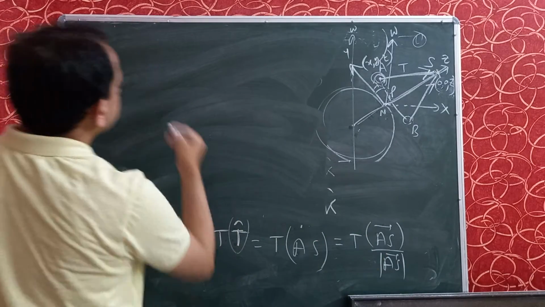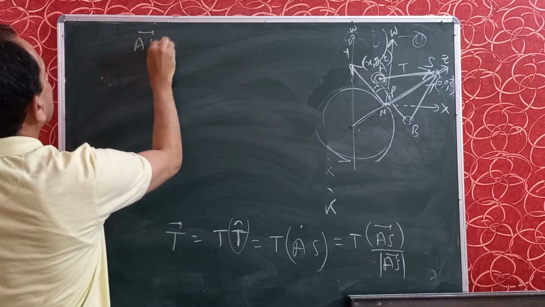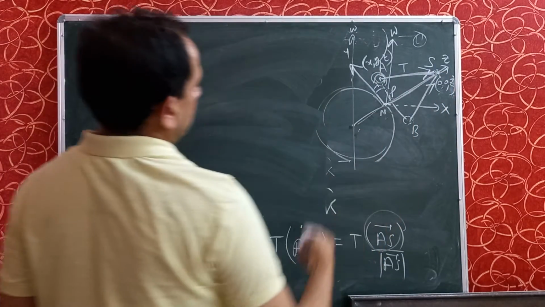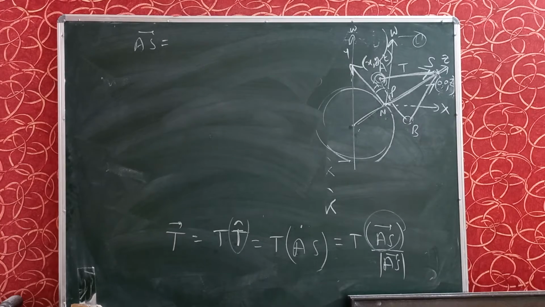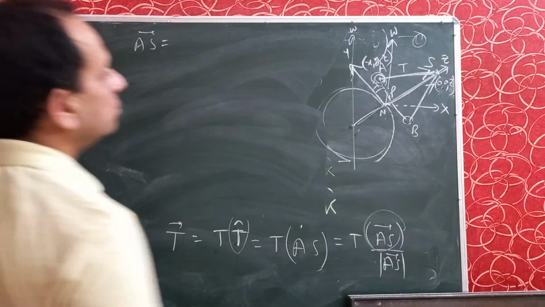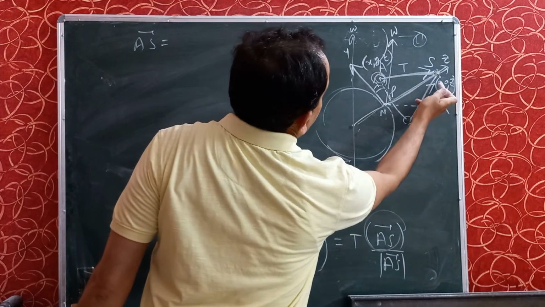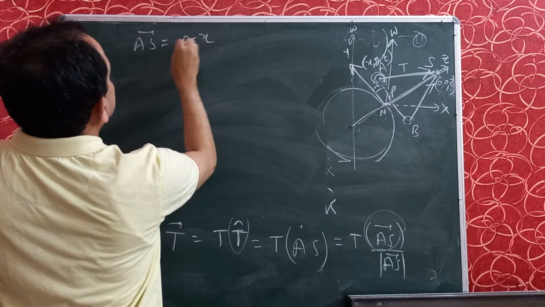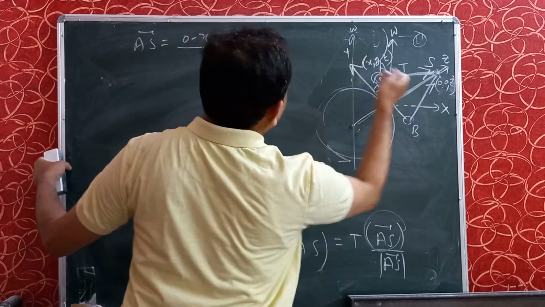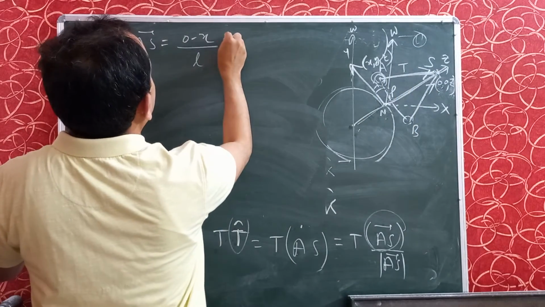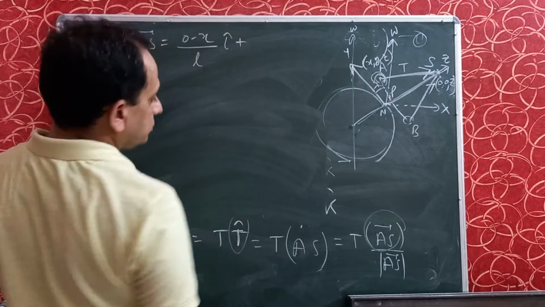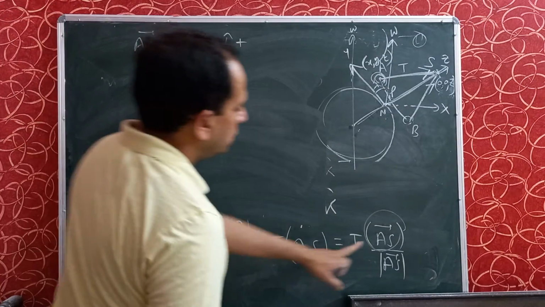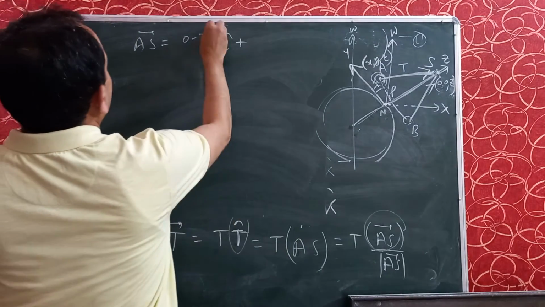What is the AS vector? For the AS vector, we will use the two-point formula in the coordinate system. This is x2 minus x1, that is 0 minus x, into i.